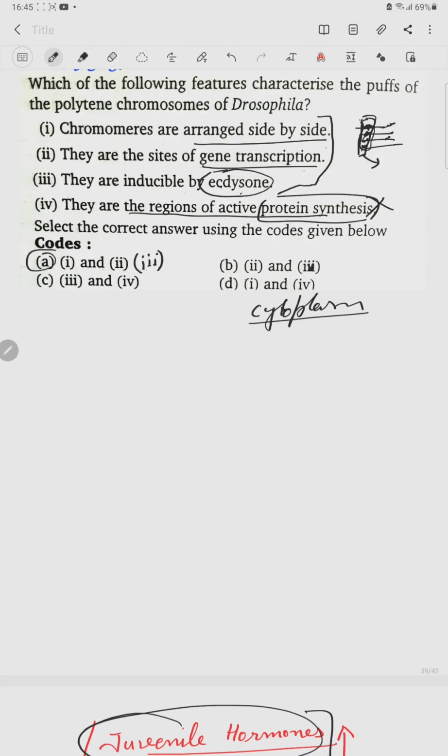They are inducible by ecdysone. Yes, these are controlled by the ecdysone hormone, which is responsible for their activation or inactivation. Hence, answer A is true for the question.